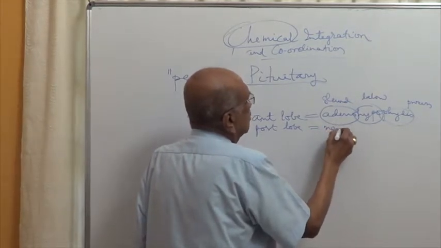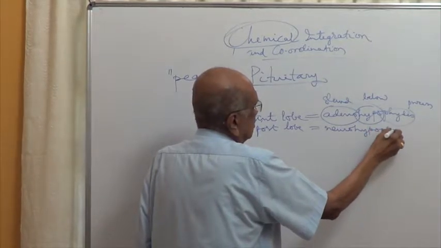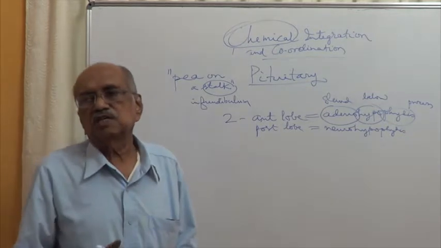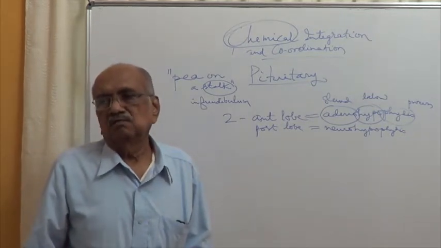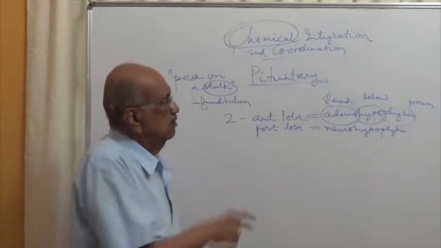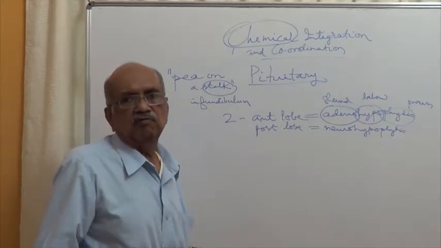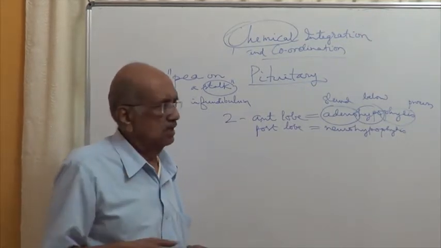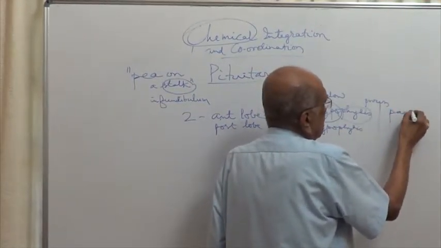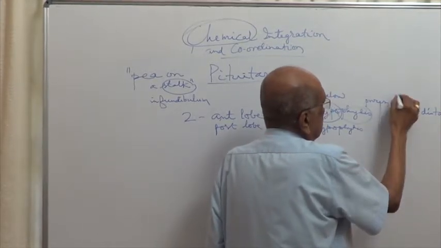The posterior lobe is often called neurohypophysis. Some physiologists object to this expression for reasons best known to them. So, neurohypophysis, adenohypophysis. Sometimes the adenohypophysis is called pars distalis and this is called pars nervosa. Pars is part.